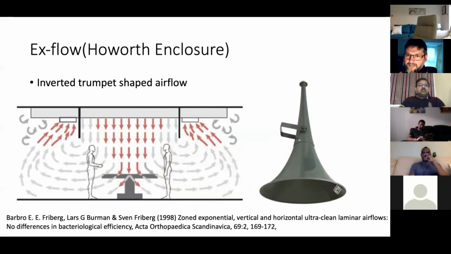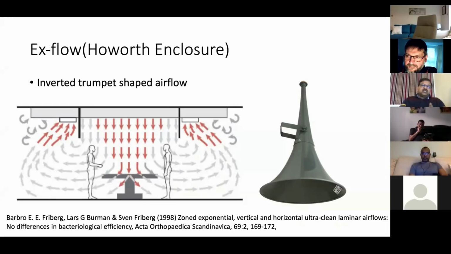The next was the Xflow or the Howarth enclosure. Now, if everybody has seen a trumpet, the airflow is in the shape of an inverted trumpet. So essentially the air flows from the center and it is centrifugal in the flow. So the air doesn't flow towards the patient, but it's always flowing away from the patient.